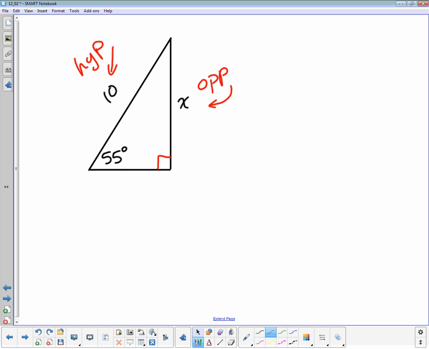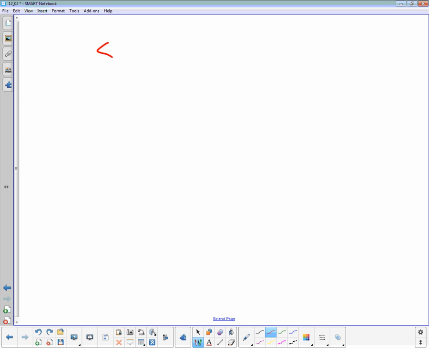Now, there's a shortcut way to remember those 3 ratios: Sohcahtoa. That's how you would pronounce that. I wrote it that way so you'll remember that sine is opposite over hypotenuse, cosine is adjacent over hypotenuse, and tangent is opposite over adjacent.